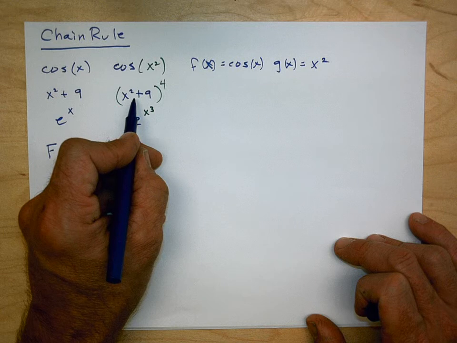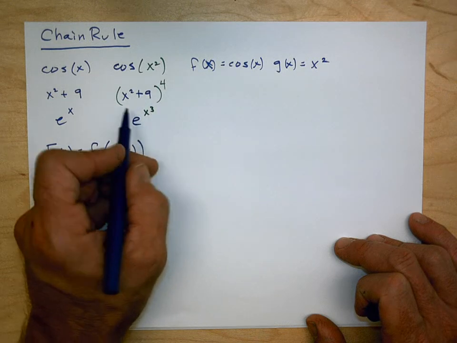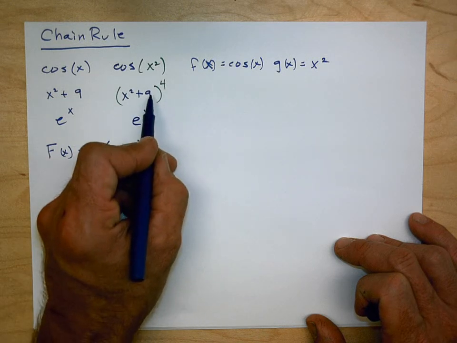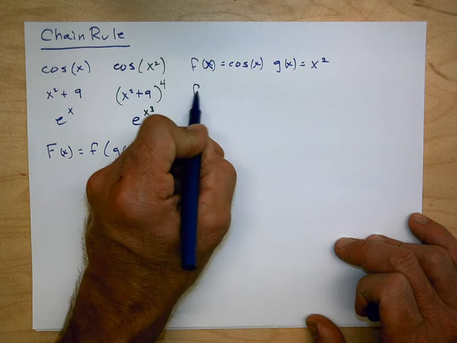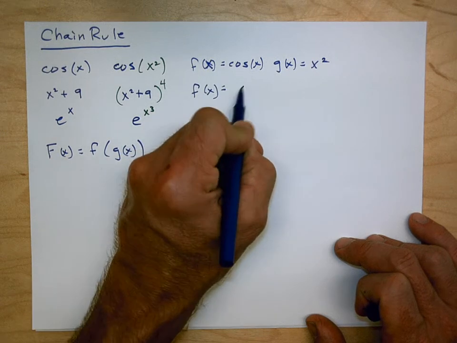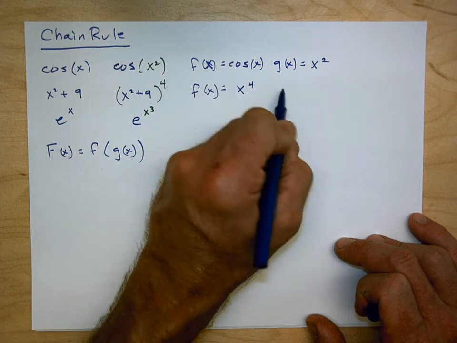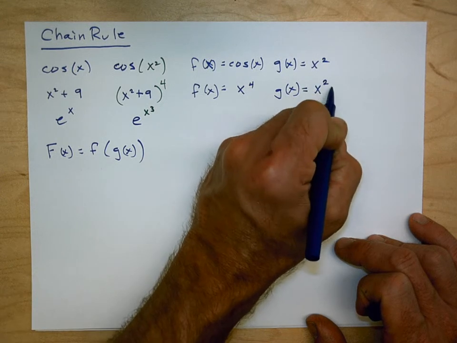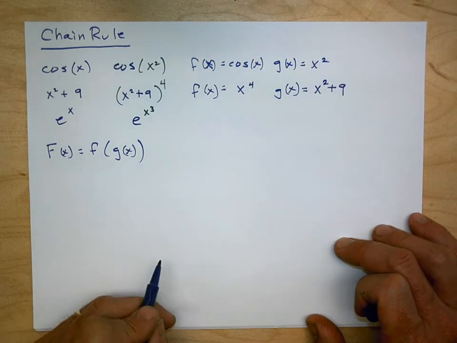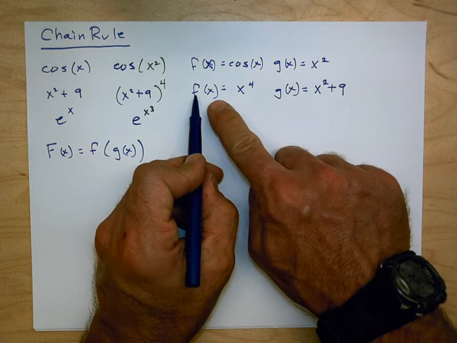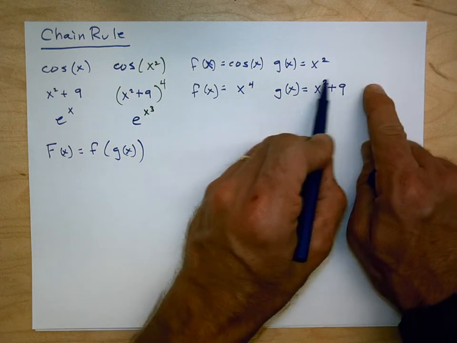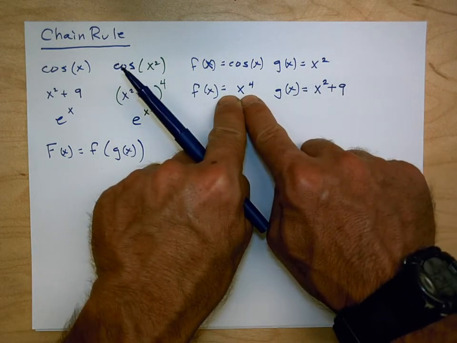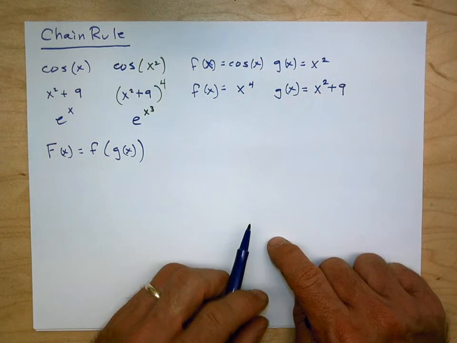Here, it's x squared plus 9 to the fourth, so the inside function is being raised to the fourth power. My f of x would be x to the fourth, and my g of x, the inside, is x squared plus 9. Because if I do f of g of x, I'm putting x squared plus 9 in for x, so that whole thing gets raised to the fourth power.